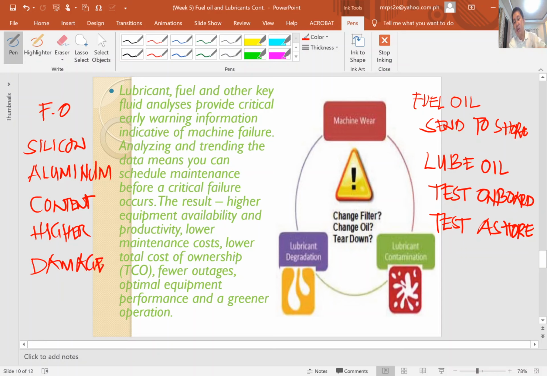For example, if your lube oil already has a lot of contamination, your engine will be damaged. So monitoring of fuel oil and lubricants is important.